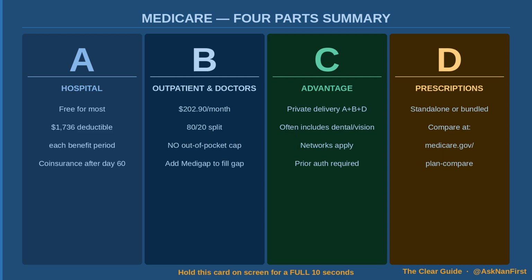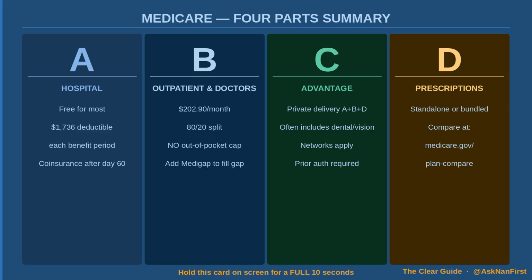Part C is Medicare Advantage, a private plan that wraps A and B and usually D together, often with extras, but with network rules. And Part D is your drug coverage, either standalone or bundled. And your specific medications should drive which plan you pick.